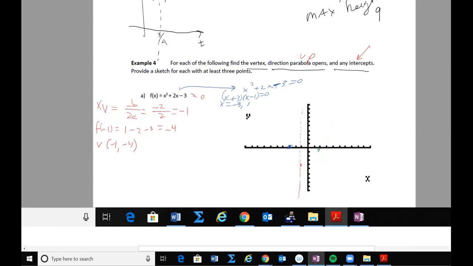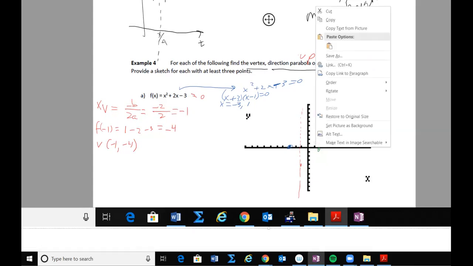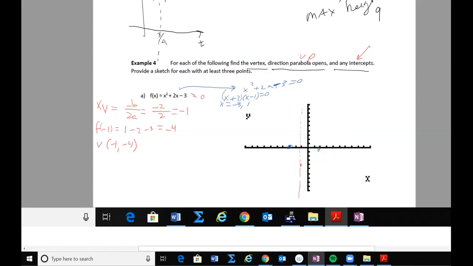Let's try it again. Crossing right there, and in here. Okay, a little bit sloppy, but there's one right there and another over here. It's negative 3, 0. And our vertex down here at negative 1, negative 4.